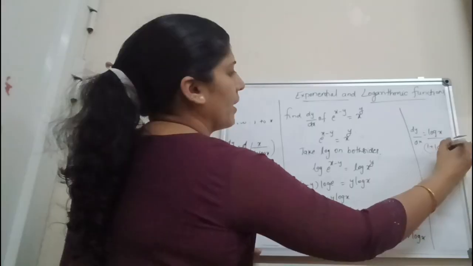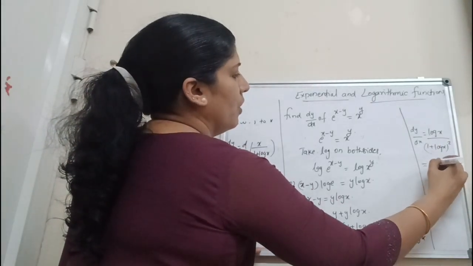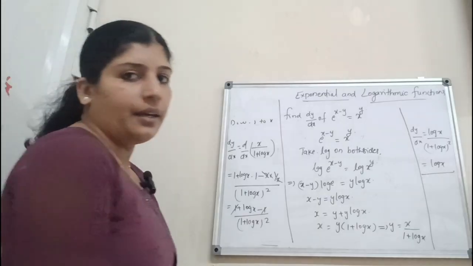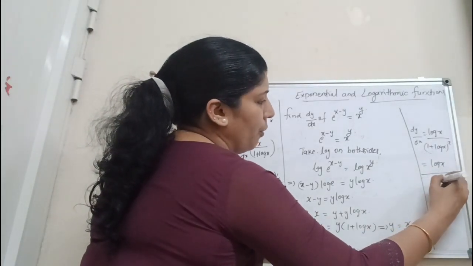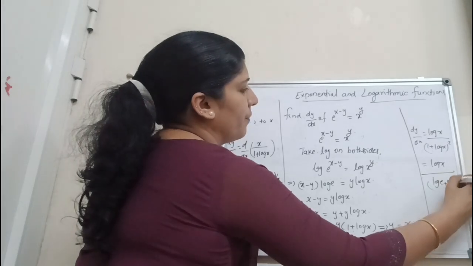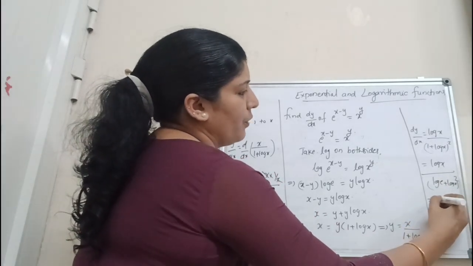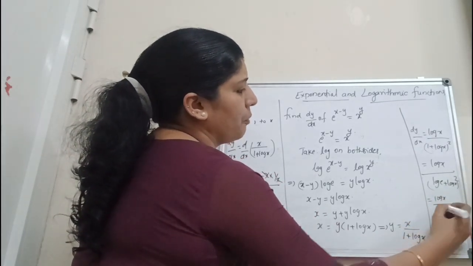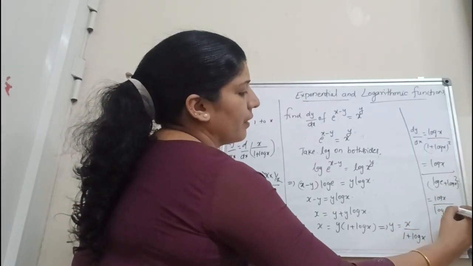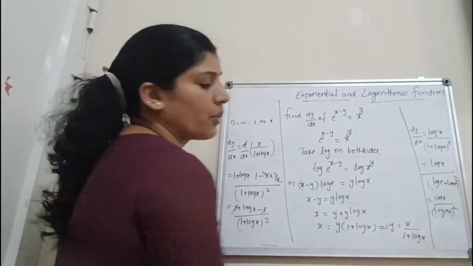That is equal to log x by, here 1 can be written as log e. The value of log e is 1. Therefore, the denominator 1 can be changed as log e plus log x whole square. That is equal to log x divided by log e plus log x, that is log ex, whole square.